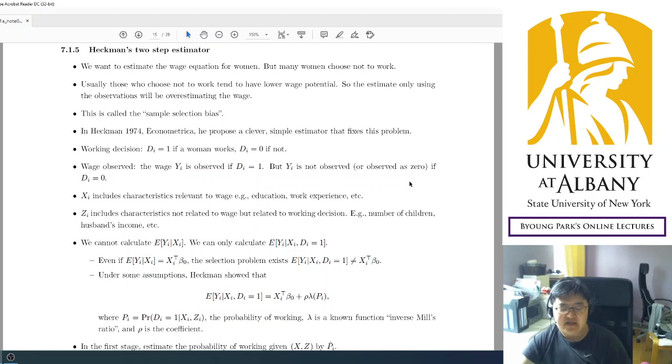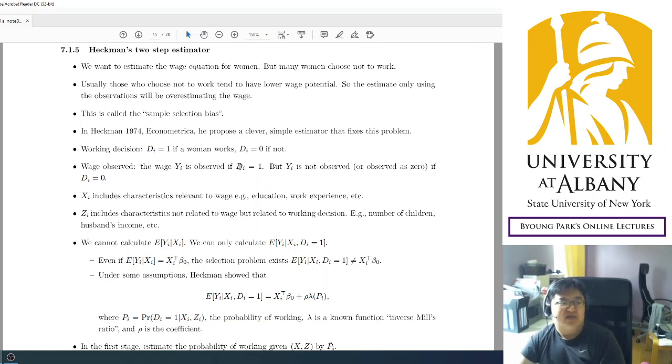At that time, these two problems were studied separately, and both were biased. But Heckman merged these two problems into one, and suggested a very nice and very revolutionary method at the time.